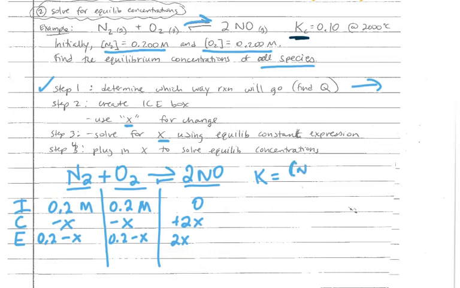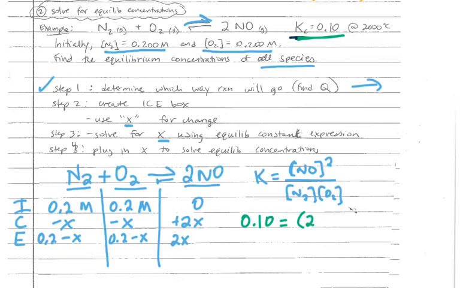So let me just write out, as a reminder, the equilibrium constant expression for this reaction. We're given the value of K in the problem. K is 0.10, and we can plug in our values of NO from the table here.